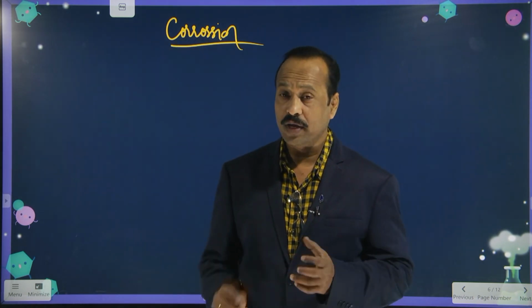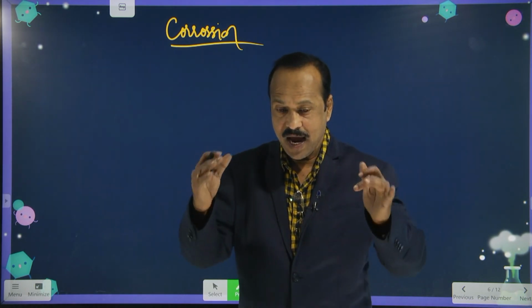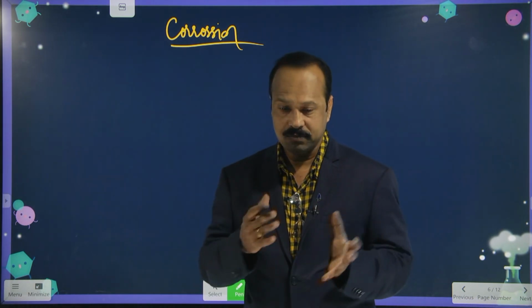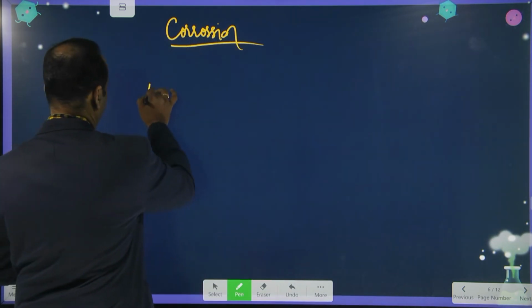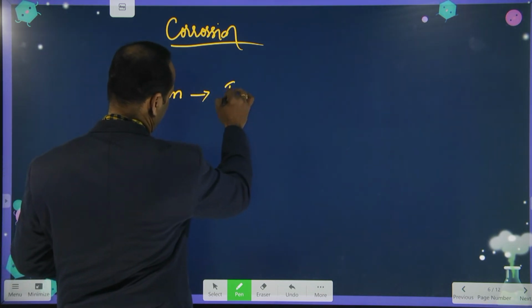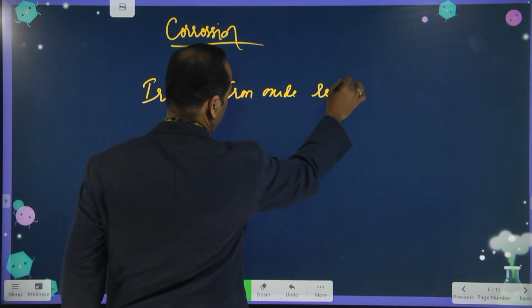So corrosion means metals react with the elements present in the atmosphere and get corroded. Corroded means it forms rust. This phenomenon is called corrosion. When iron corrodes, it forms iron oxide, which is called rust.